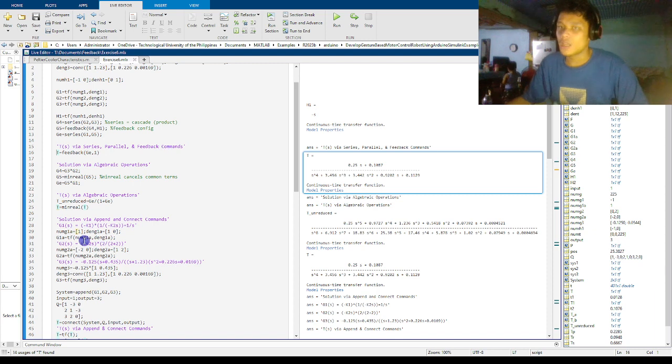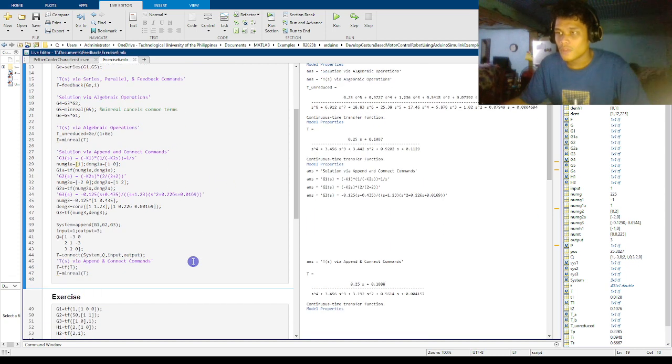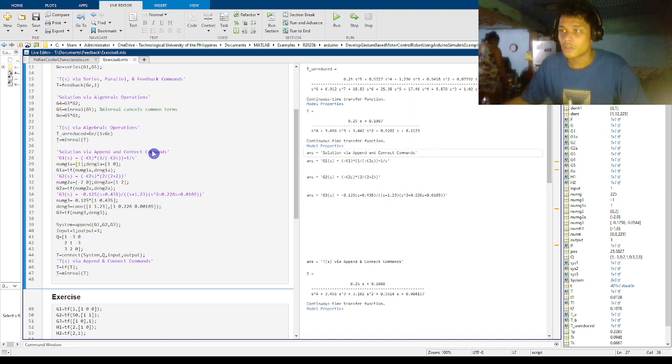Of these three different commands, I believe that the third one, which is about append and connect, is the most difficult to understand. While the first and second are straightforward, for the third one, append is sort of the cascade, while connect is the other way around.